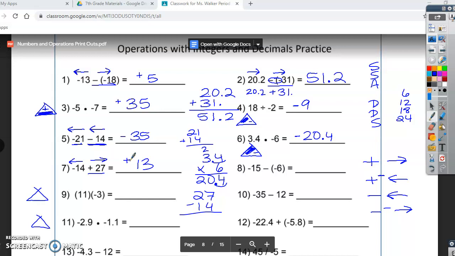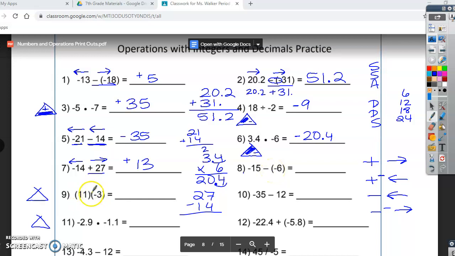Okay? So now I want you to look, because we're almost done working together. I want you to look at the difference between 8 and 9. Can you see the difference between 8 and 9? This one is an arrow problem. I can tell it's an arrow problem because this is add and subtract. I know that because I'm seeing this take away between the number and the parentheses.